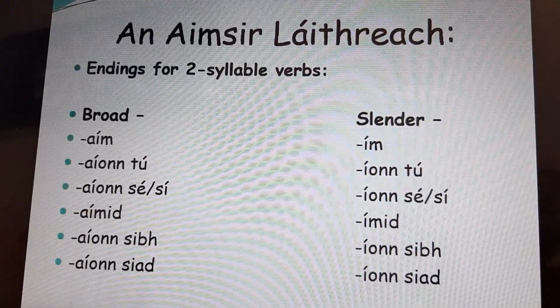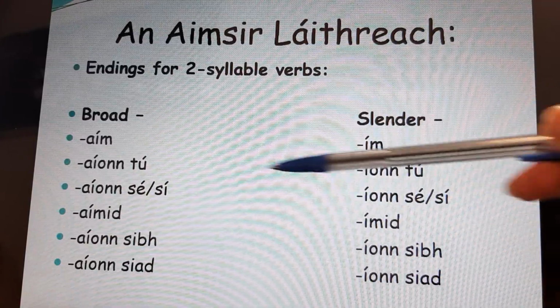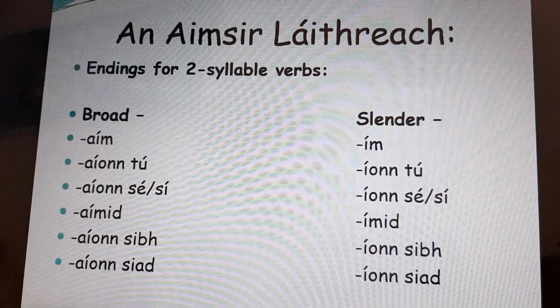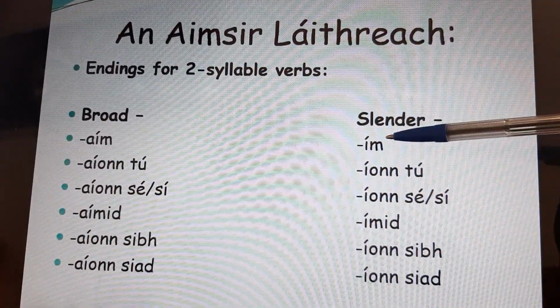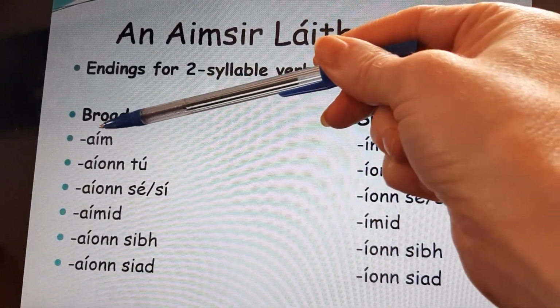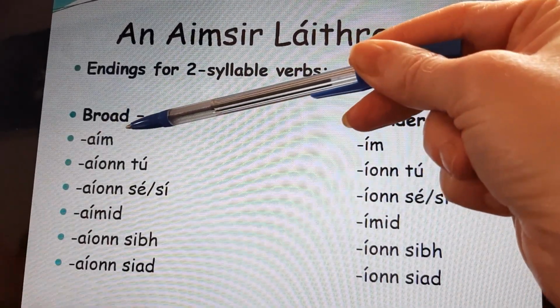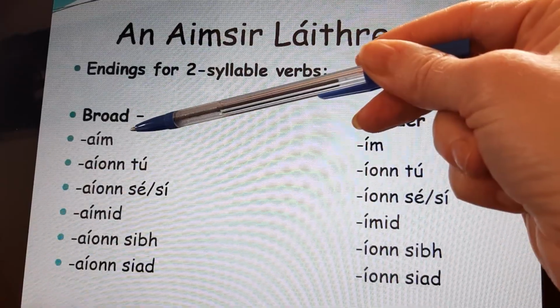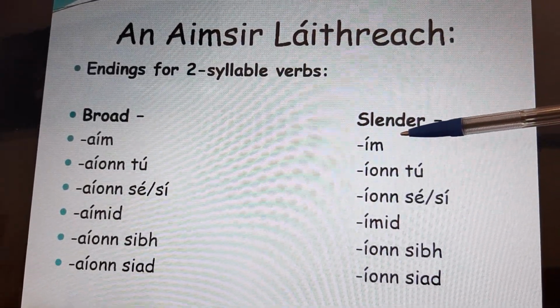Now a couple of things to point out here. A reminder, no separate may, no separate which. But also, will you watch out that you have your fada on here? The only difference between the one syllable endings for may and the two syllable endings is that wee fada. And you do hear it. If I go to say I buy, it's not cianum, it's cianium. I waken up, it's not douchim, it's douchium.